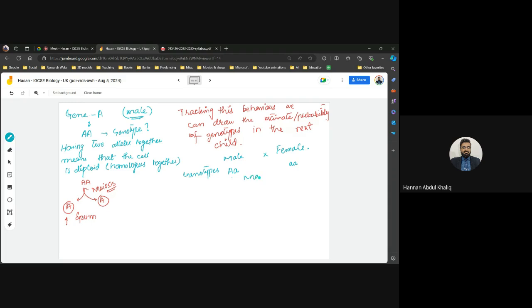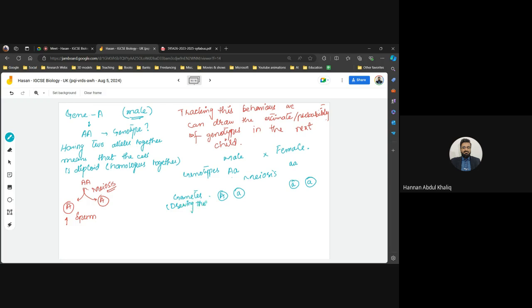Now the meiosis is going to occur, and when the meiosis occurs, both the alleles separate from each other. Similarly in female, the alleles would separate from each other, and the circle, always remember this, these are gametes. The gametes are basically highlighted by drawing a circle around the alphabet.